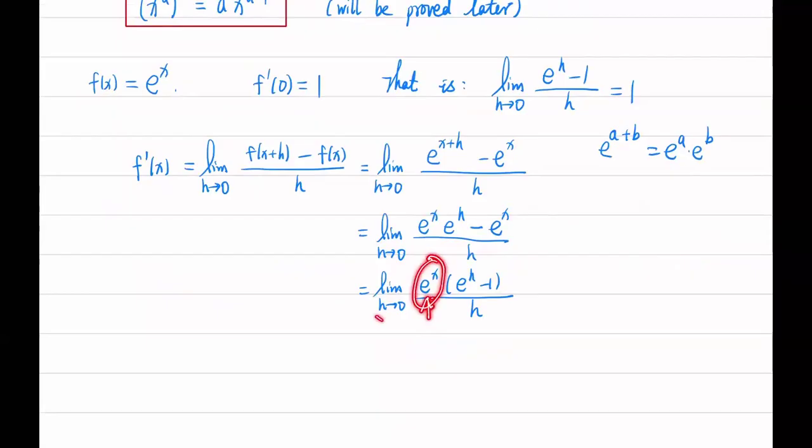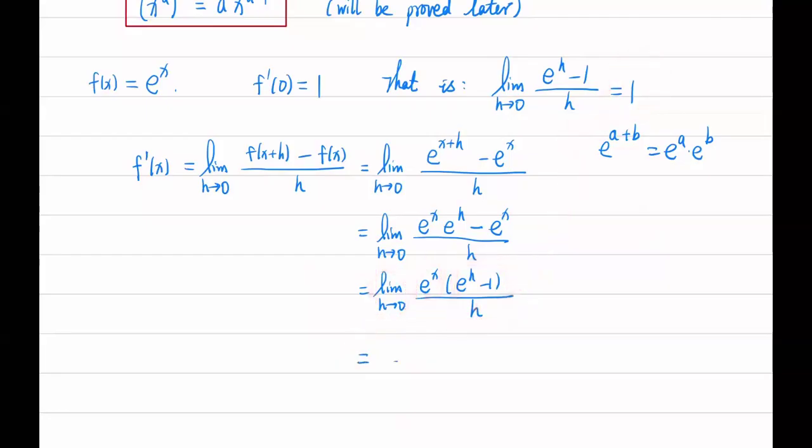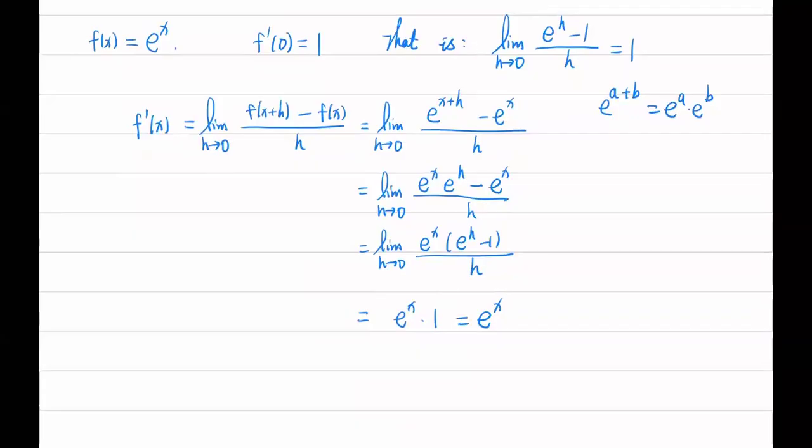When we take the limit, this part gives 1. So the limit of the product will be the product of the limits. This gives us e to the x times 1, which is e to the x. Okay, so we have our second formula about the exponential function.